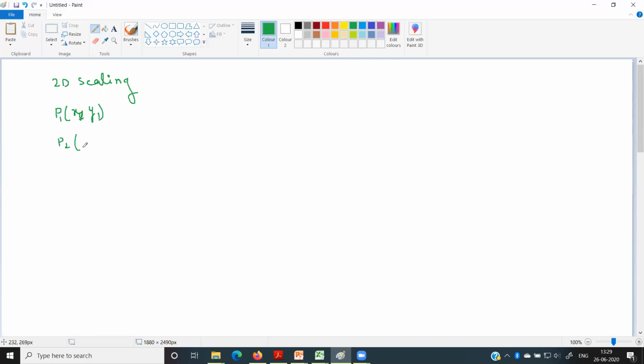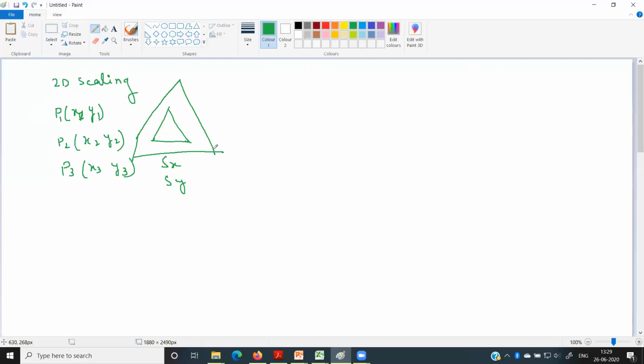Next point P2 is x2, y2, and the third point P3 is x3, y3. So if you want to scale this triangle, you need to supply the scaling factors sx and sy. And what you will do is multiply all x by sx and all y by sy, and then you will get the scaled triangle, something like that.